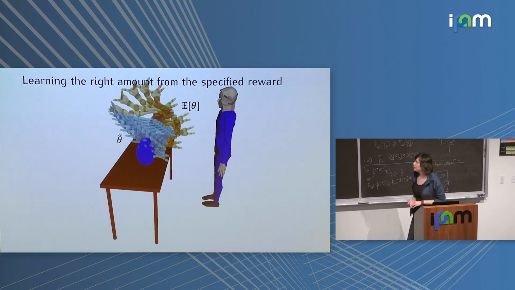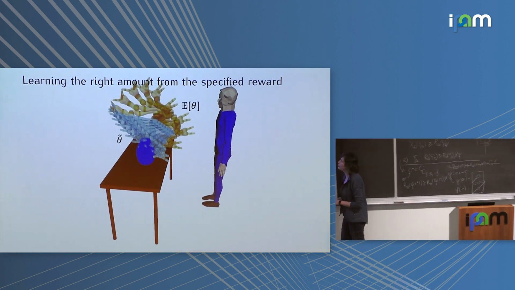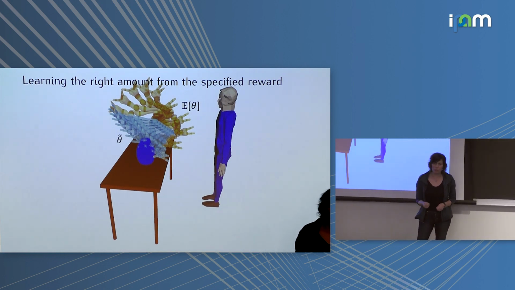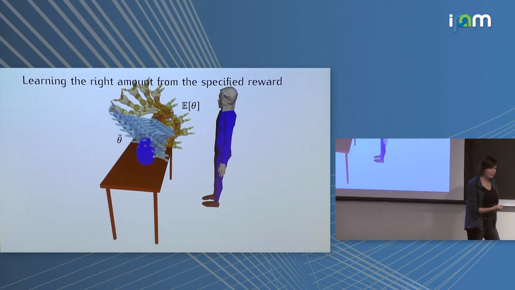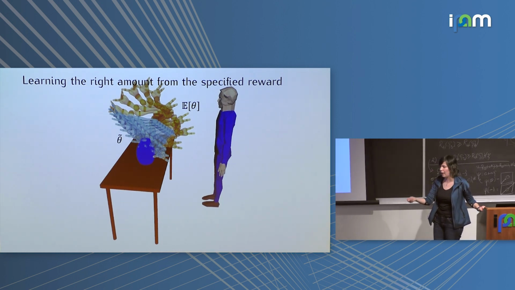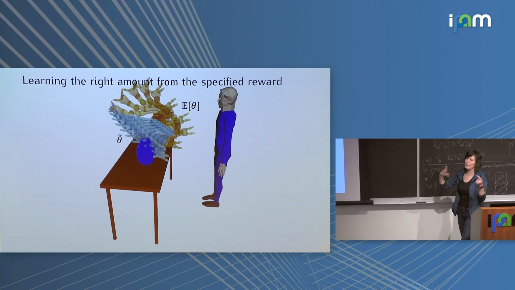But when we ran it in this situation and planned in expectation over this posterior distribution, we saw fairly consistently that the robot had the behavior much closer to what we wanted it to have. In this case, for instance, it hedges its bets more.